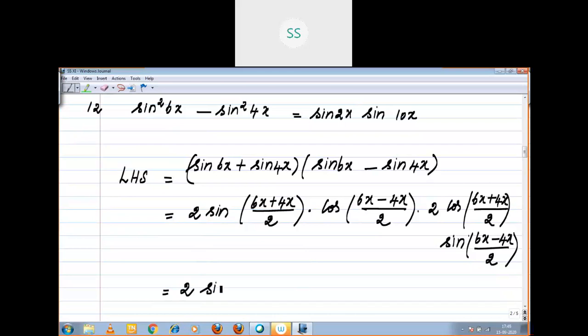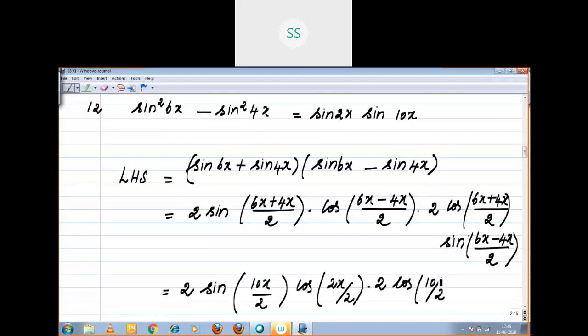Now, this one you see: 2 into sin 10x by 2, cos 2x by 2, into 2 cos 10x by 2, sin 2x by 2.